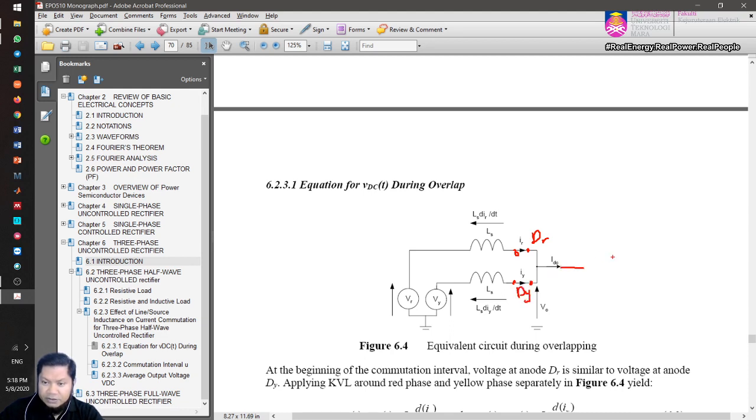This is your constant current, and it goes back to your neutral point. So we have IR plus IY equals IDC. At any instant, the current IR plus IY equals IDC, and then we have the source inductance for both the red phase and yellow phase.